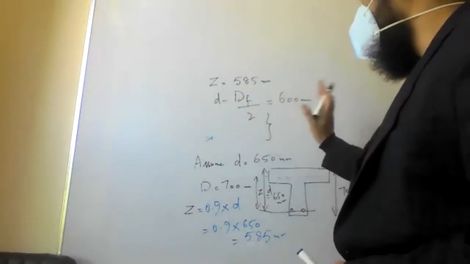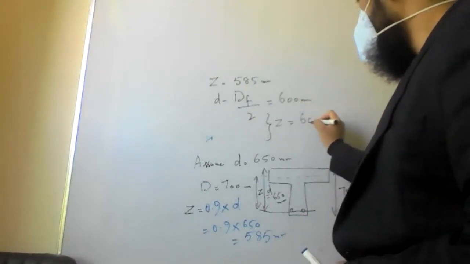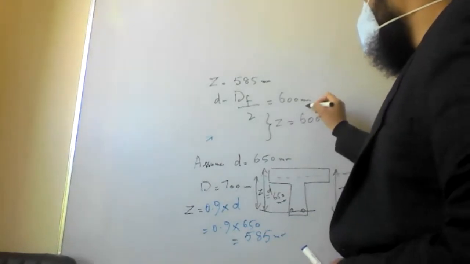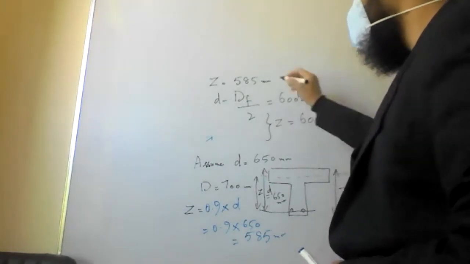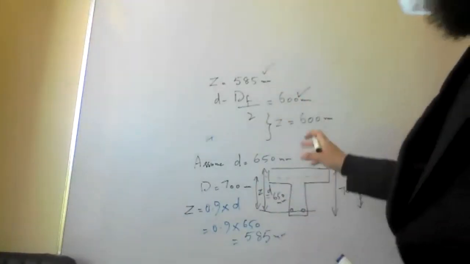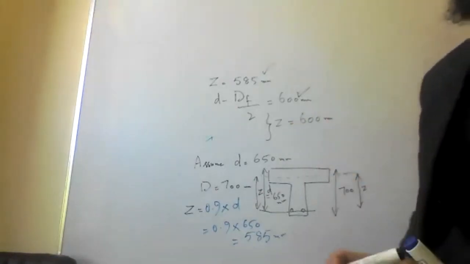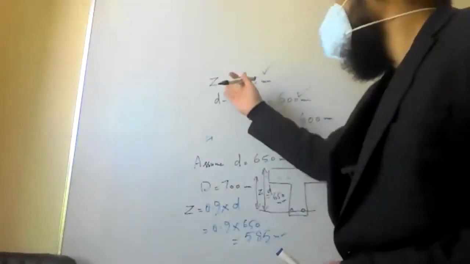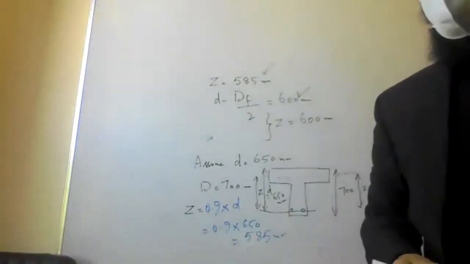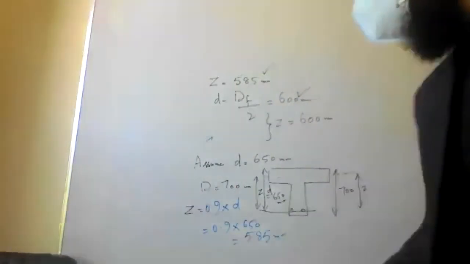Let us take the greater of the two values for Z right now, which is 600 mm. You could have Z this, or this, or it could be in between these values. So let us assume the greater value, 600 mm. We are not taking that assumed value of 0.9 for the sake of simplicity at this time.